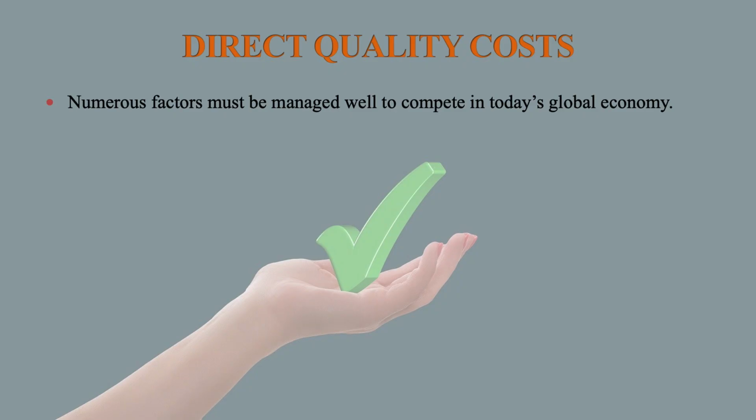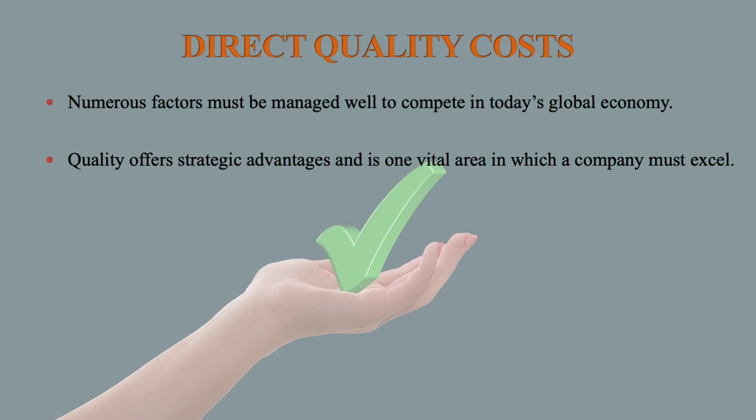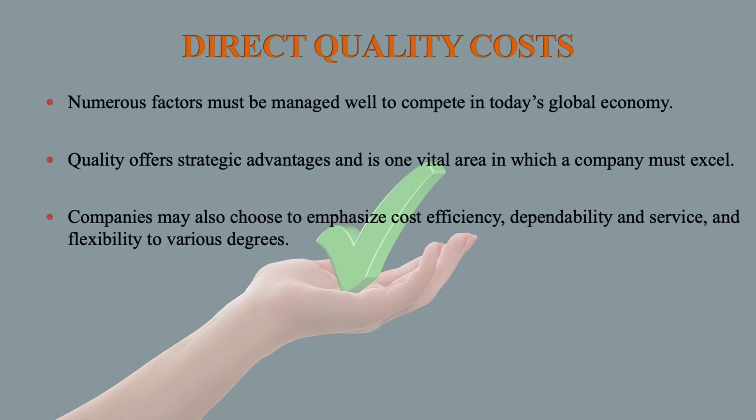Direct quality cost. Numerous factors must be managed well to compete in today's global economy. Quality offers strategic advantages and is one vital area in which a company must excel. Companies may also choose to emphasize cost efficiency, dependability and service, and flexibility to various degrees.